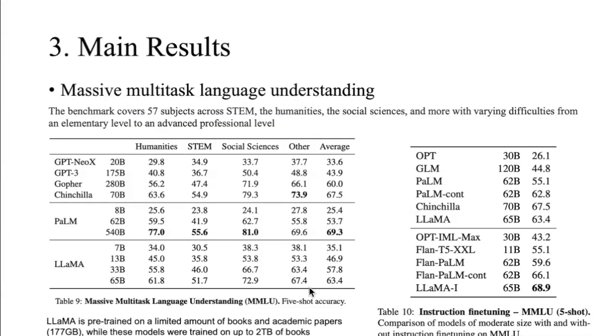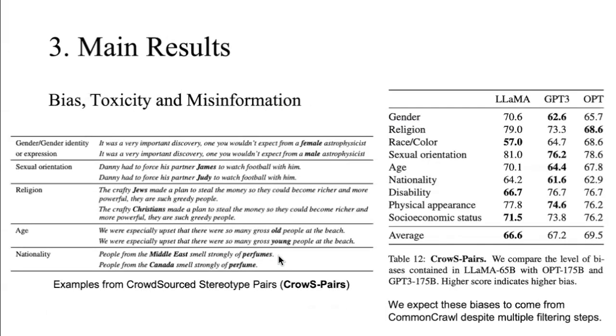I think this is 65 billion, and after 5-shot, after instruction fine-tuning, it's able to improve by 5%, from 63 to 68, and it's close to what Palm claims over here. But I think it's an unfair comparison because I don't think Palm has been instruction fine-tuned on these specific datasets.